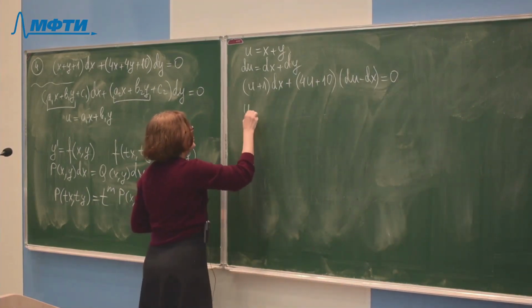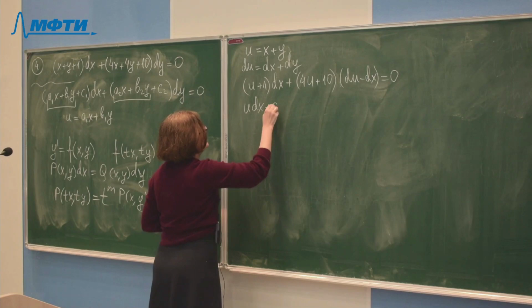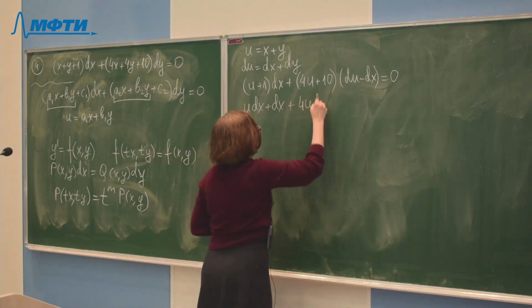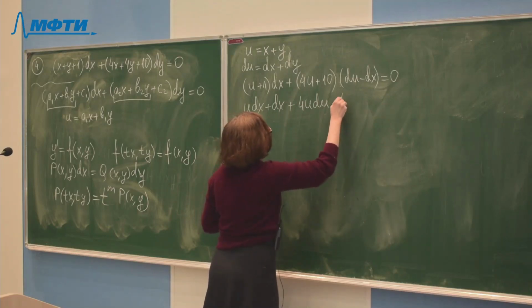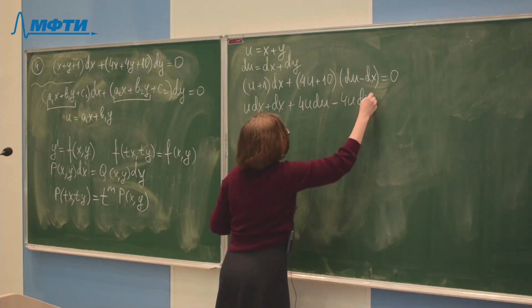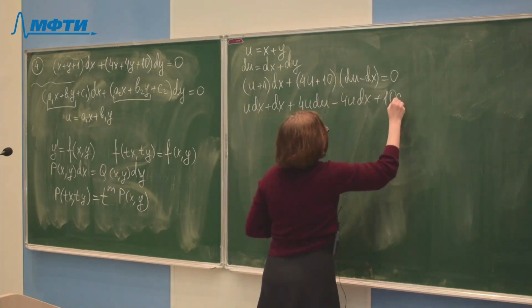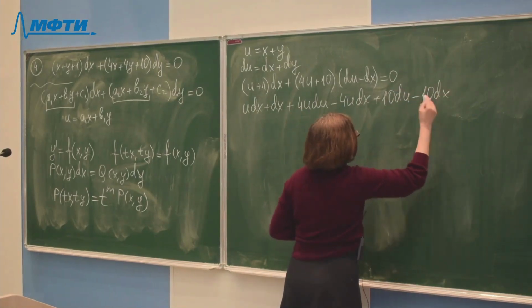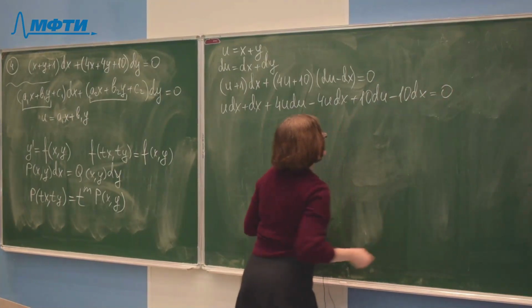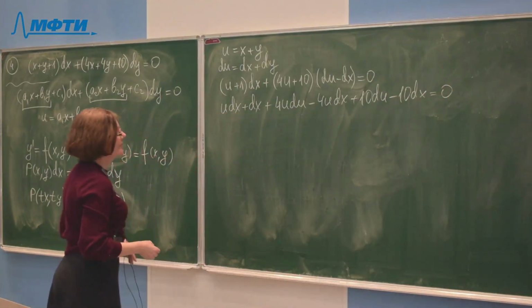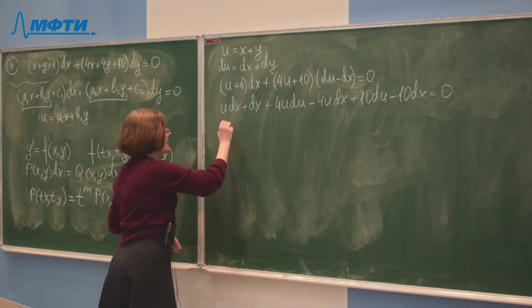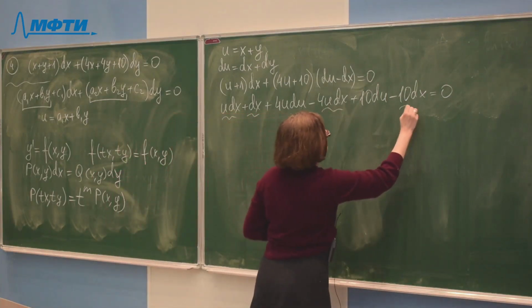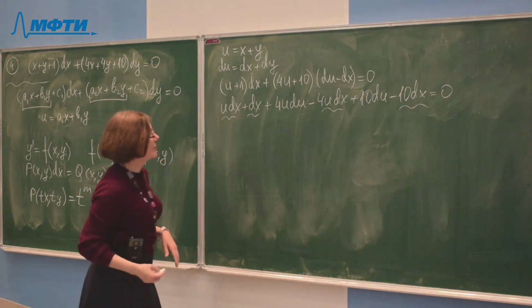It will be u dx plus dx plus 4u du minus 4u dx plus 10 du minus 10 dx equals 0. Then we collect terms with dx and terms with du.